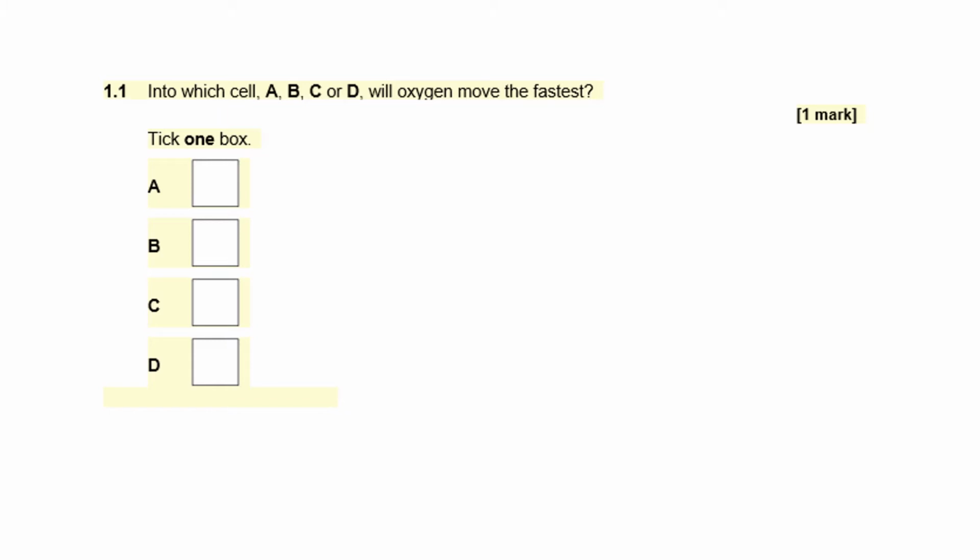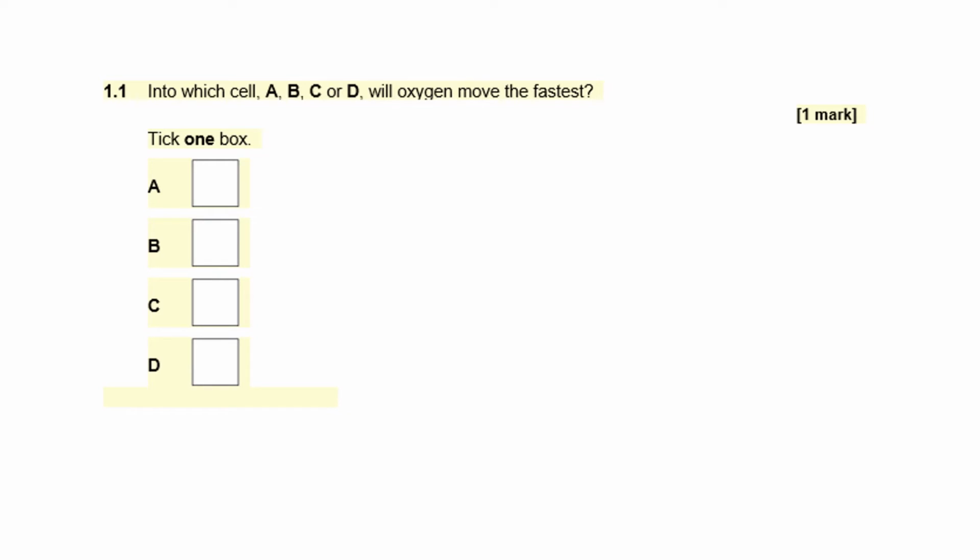Cell B, you've got pretty much the same concentration both, so they're going to go in and out at an equal rate. Cell C, you've got more on the inside, so the oxygen molecules are going to move outwards. And in cell D, you've pretty much got the same, so it's going to go both ways at the same rate.